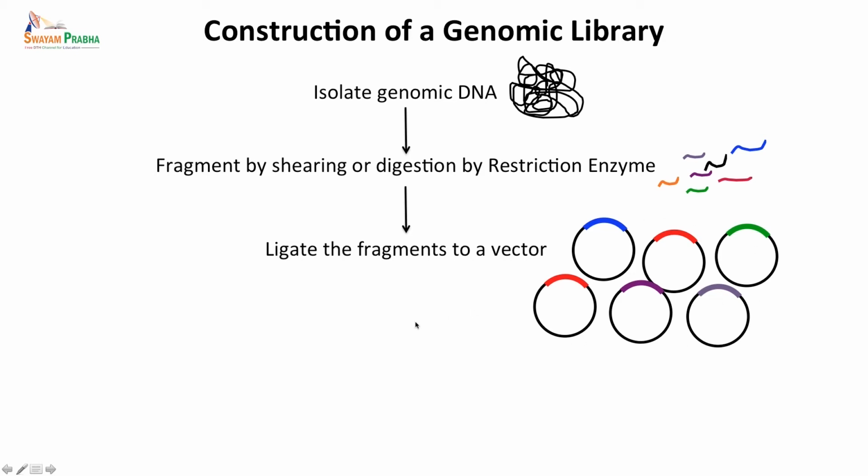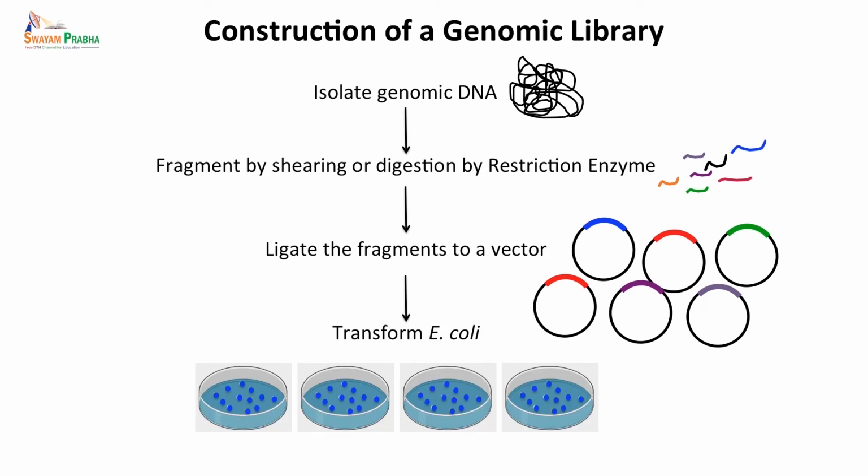So then you take this collection of recombinant vectors and then you transform E. coli cells. Now obviously, depending on the genome size of an organism and the length of these fragments, there will be a large number of potential E. coli cells which will represent the entire genome of that organism.